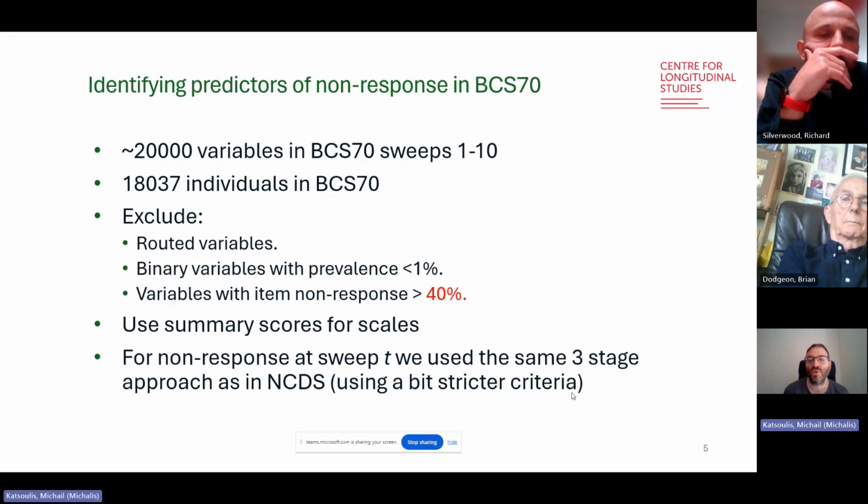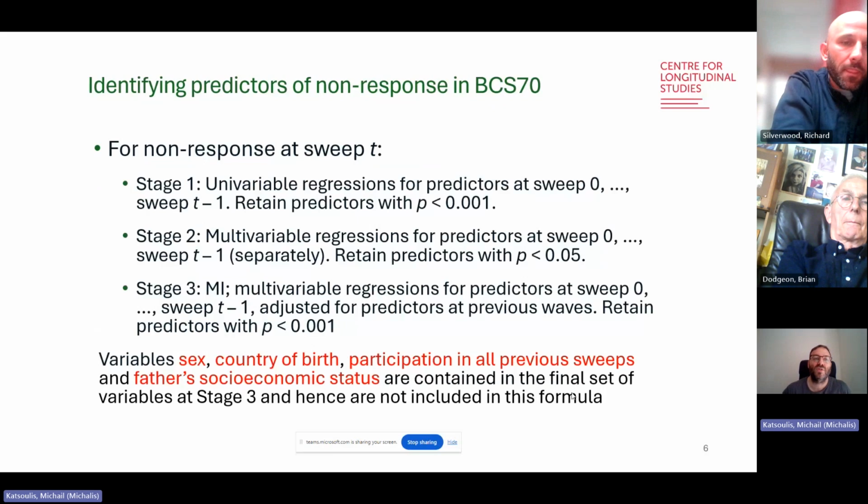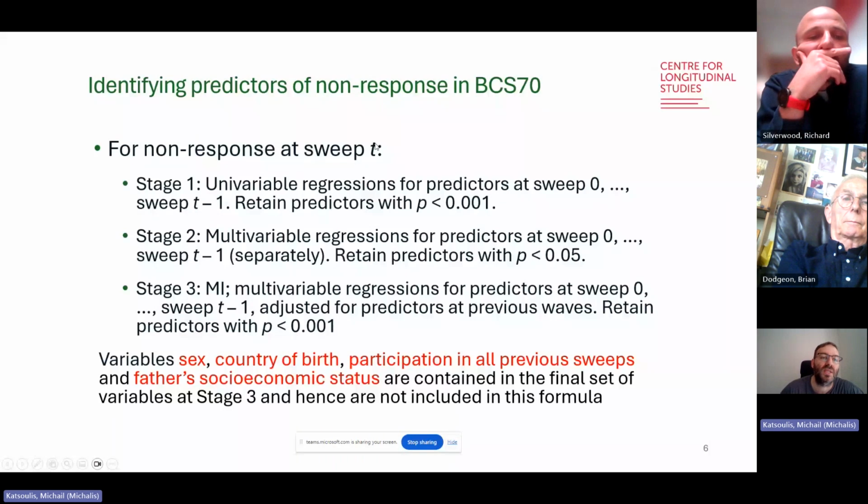And for non-response at a particular sweep, we used the same three-stage approach as in NCDS, a very similar approach. We changed some of the cutoffs. More in detail, for non-response at a particular sweep T, we had a three-stage approach.